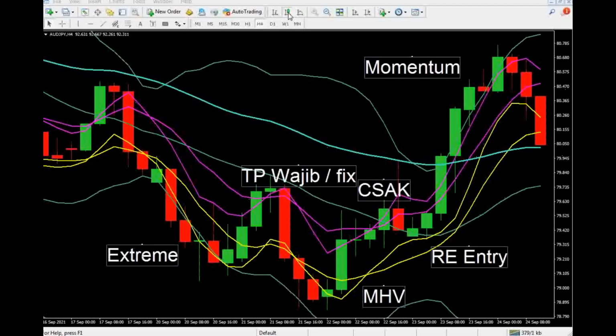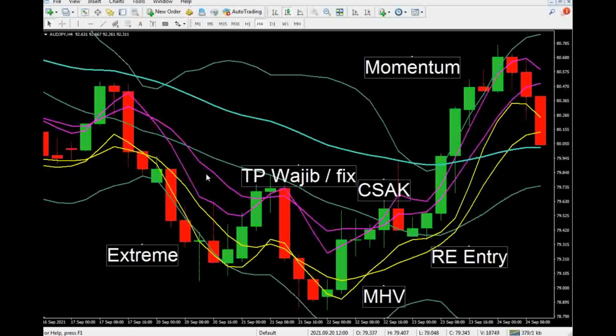Here we use a candlestick chart. Arah means, what is it, I forget.